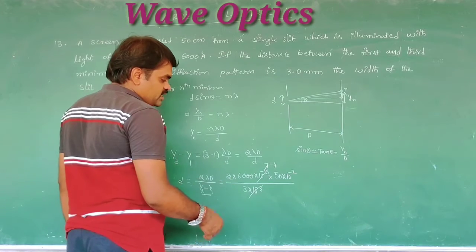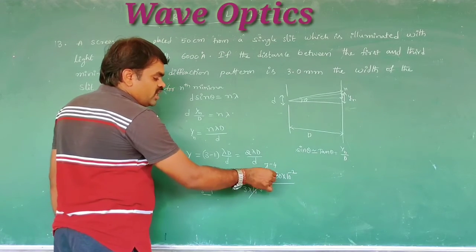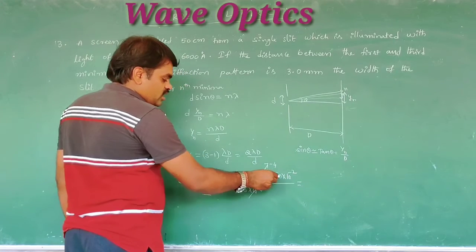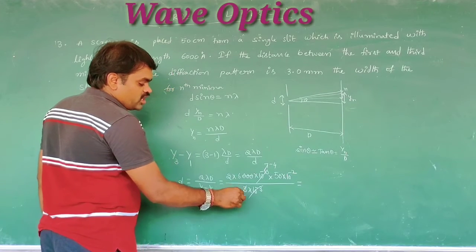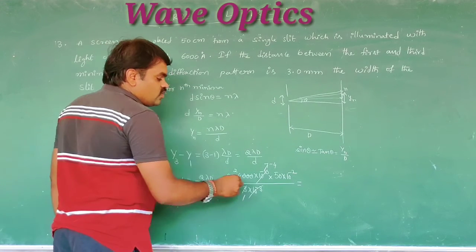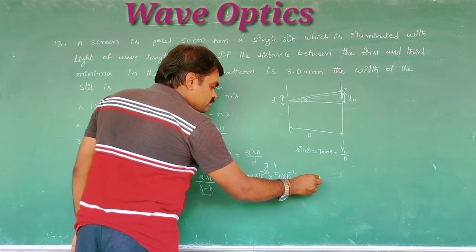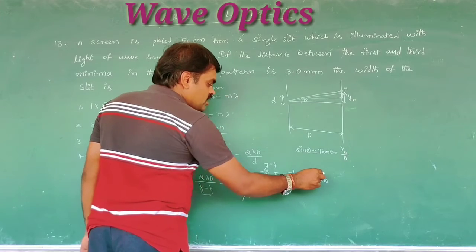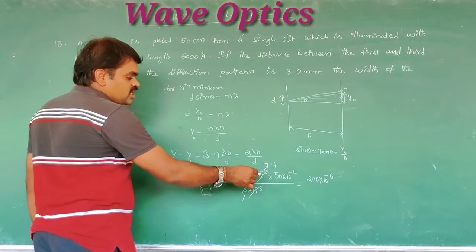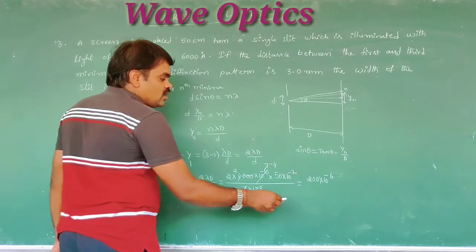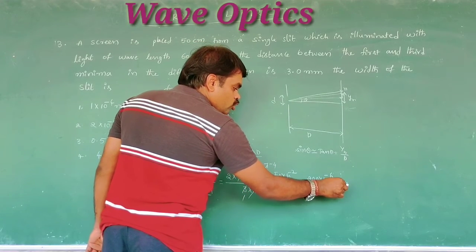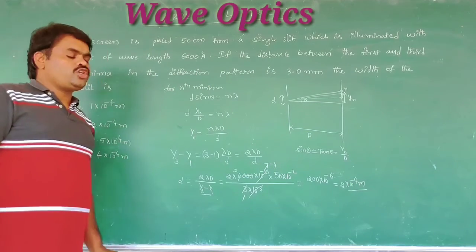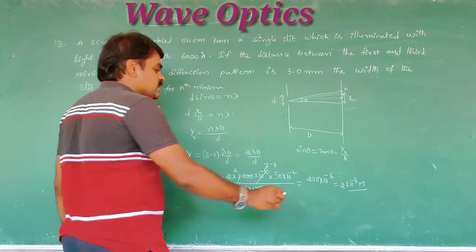Then we cancel it. 2 into 50 is 100. Then it is 200. 200 into 10 to the power of minus 6, because here minus 4, here minus 2, that is minus 6. Now we get 2 into 10 to the power of minus 4 meter. This is 2 into 10 to the power of minus 4, which is the answer.